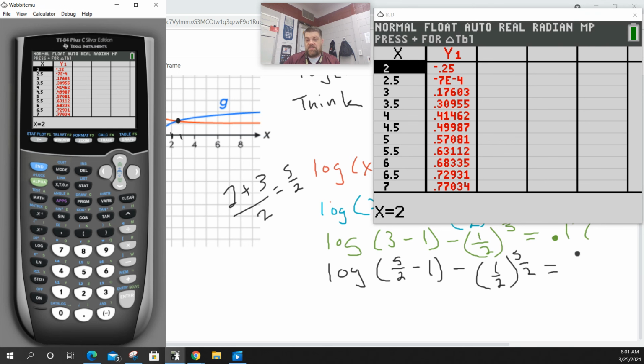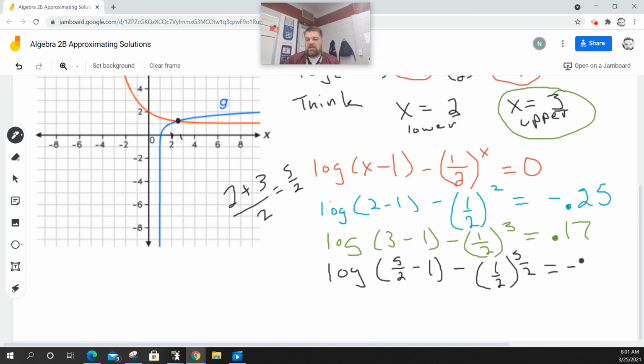So this value is -7 times 10 to the -4. So this is negative. So it's like negative 0.123. So that's what that is.